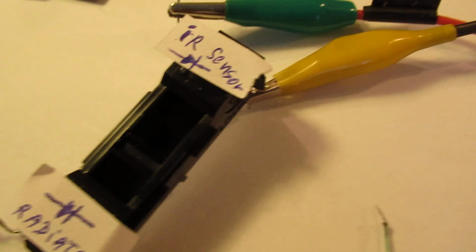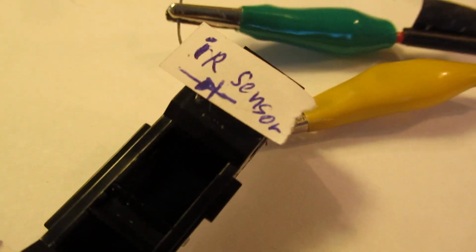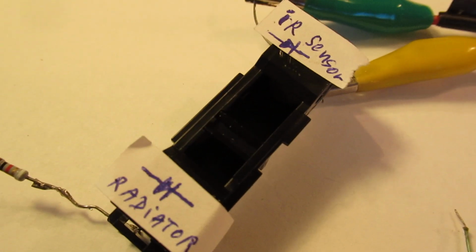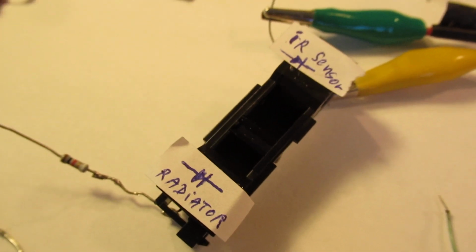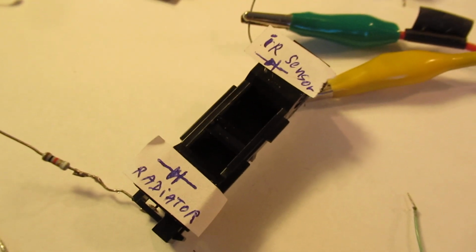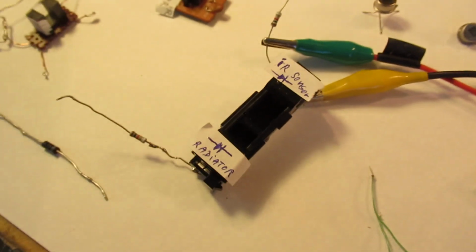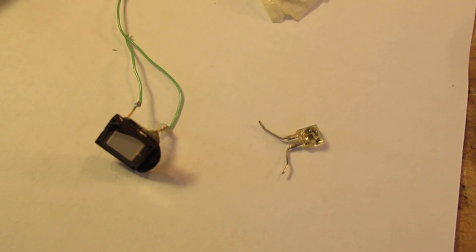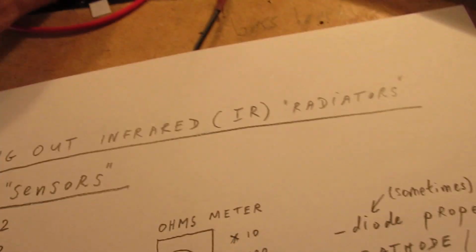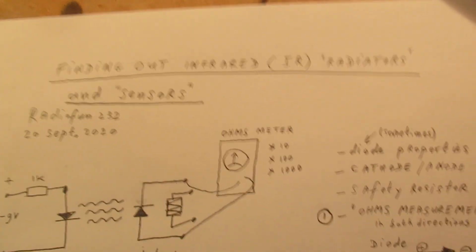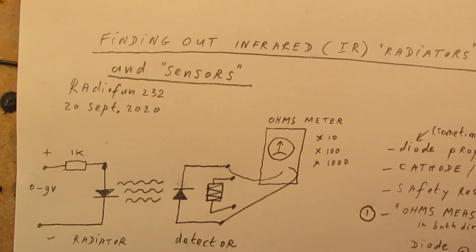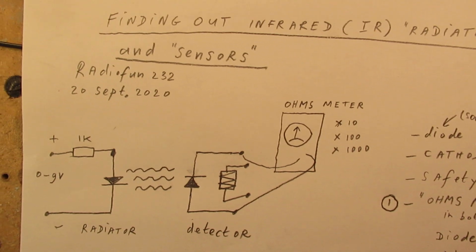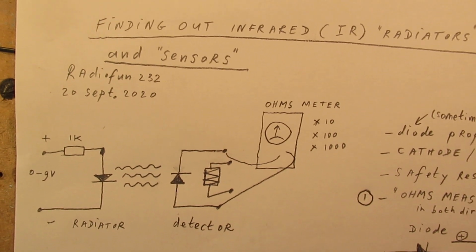And here more or less the same. I see here two very bright lenses inside. I don't know exactly where it was made for in the past, but anyway, it's a usable component for experiments or whatever. So that is more or less a good way to find out which component is a radiator and which component is a detector.